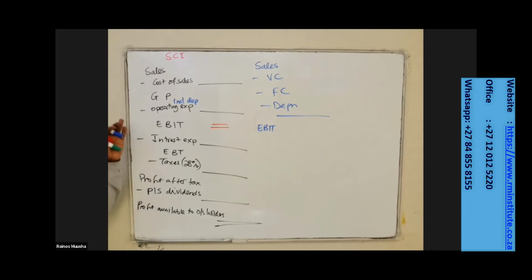So please make sure that you take note of this template for the statement of comprehensive income. Remember, we're talking about the tax on profits. So the tax on profits that they're talking about there is basically this tax on the earnings before tax. So please make sure that you take note of this template.